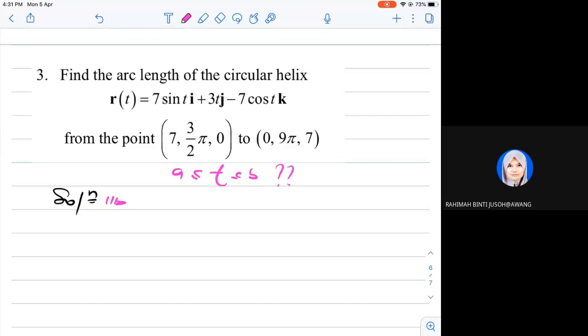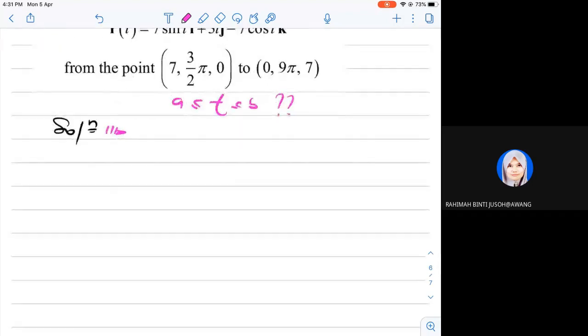Tak ada. Not provided. So what we have to do now, first of all, is we need to find the interval of t. Okay, so you kena cari apa itu a, apa itu b.